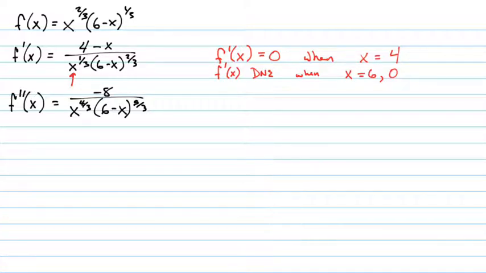So we have some critical points, which could be where we have a local maximum or local minimum. Let's look at our second derivative, and then we'll look at the intervals where they're each positive and negative. So our second derivative, where does that equal 0?